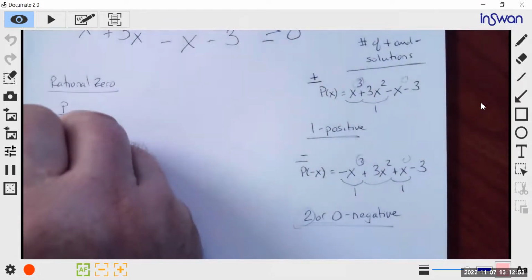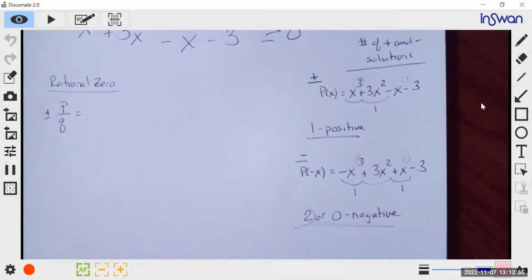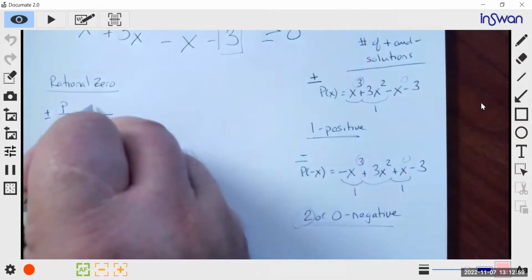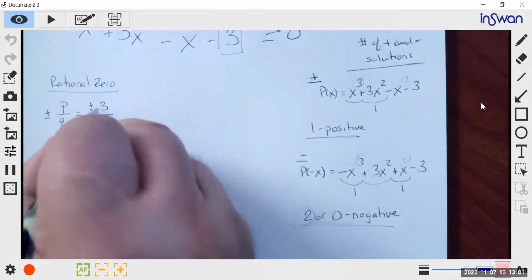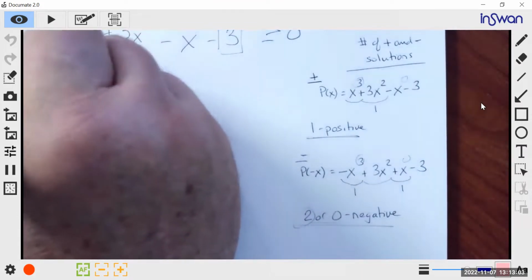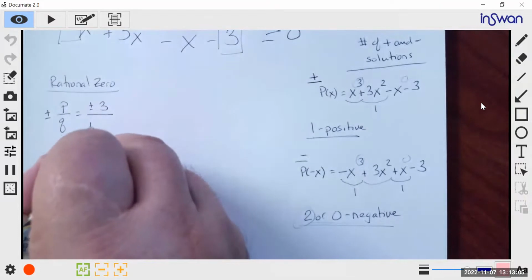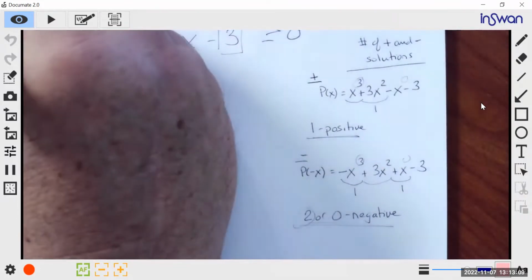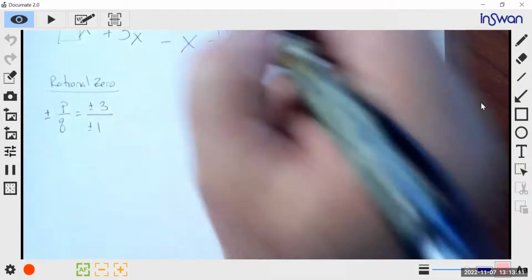Remember, that was plus or minus p over q. So the last number goes on top, and the leading coefficient goes on the bottom. This is q and this is p.